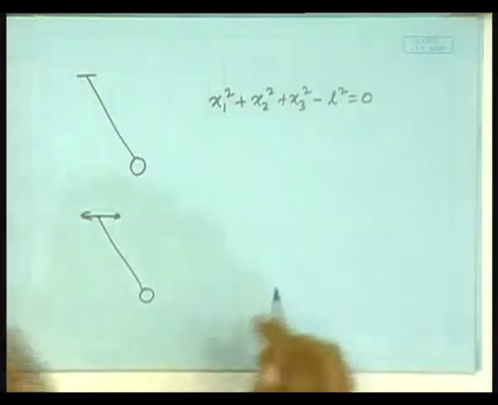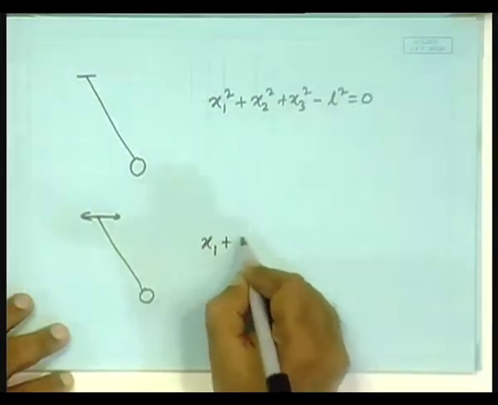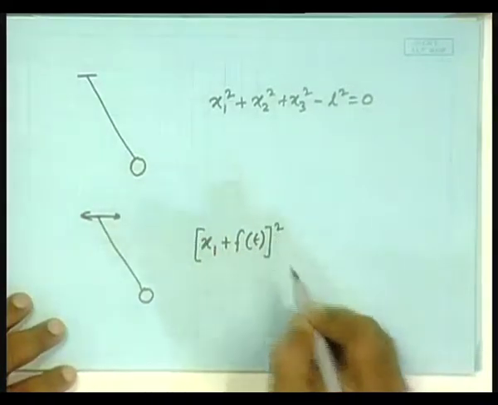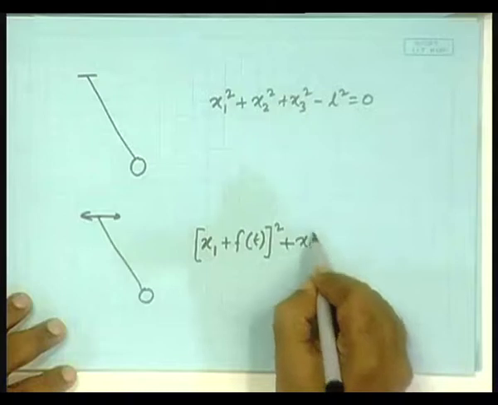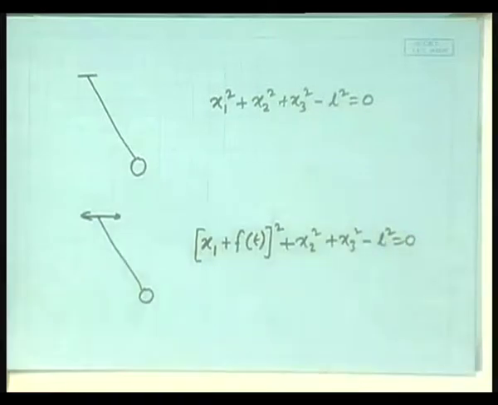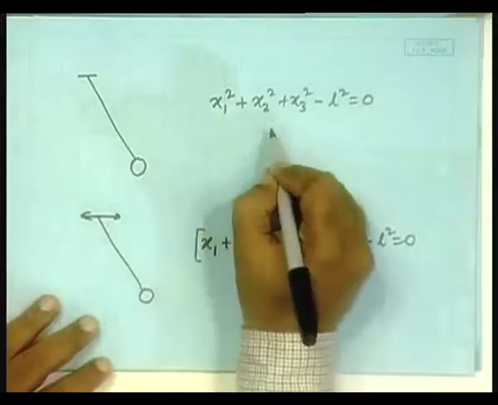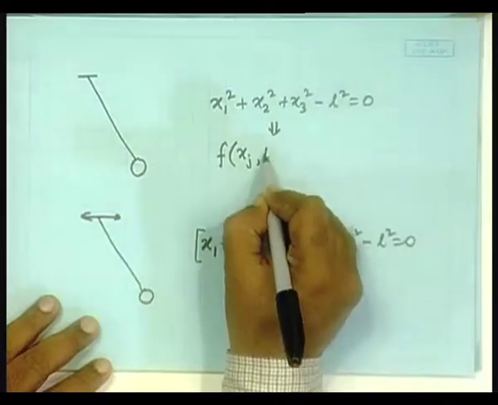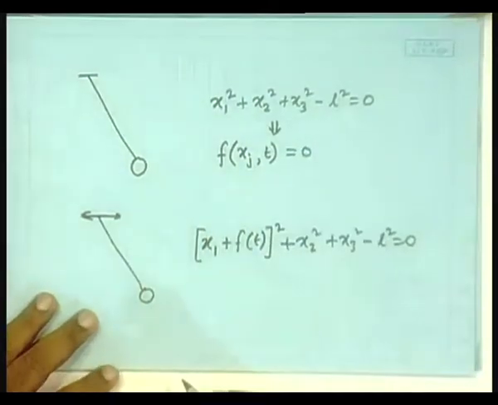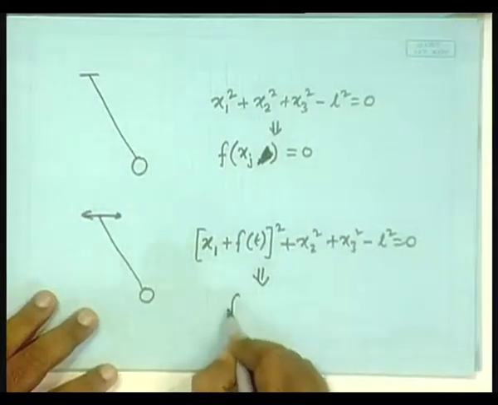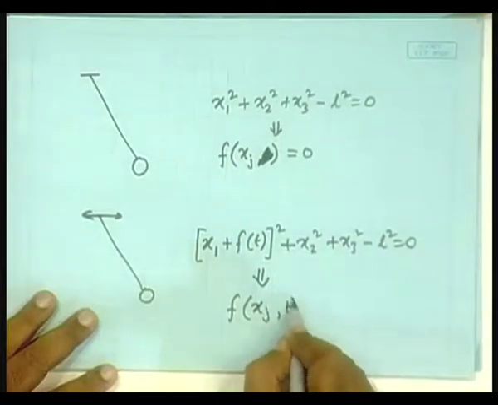In that case you will say x1 plus that function of time, square, plus x2 square plus x3 square minus L square is equal to 0. That will be the constraint equation. Notice that this is expressed as f(x_j, t) equal to 0.